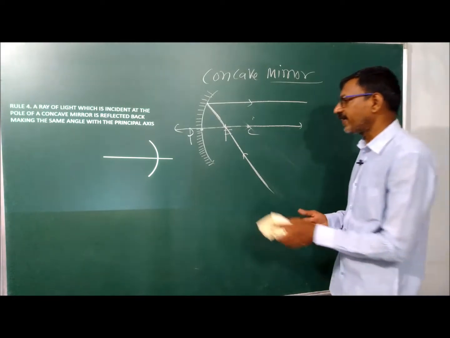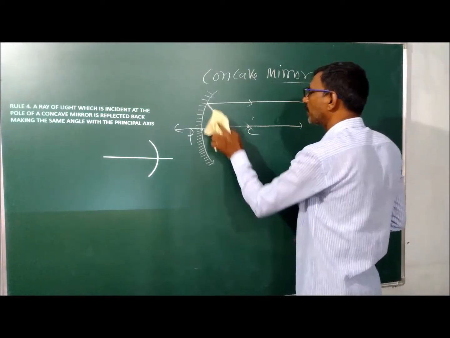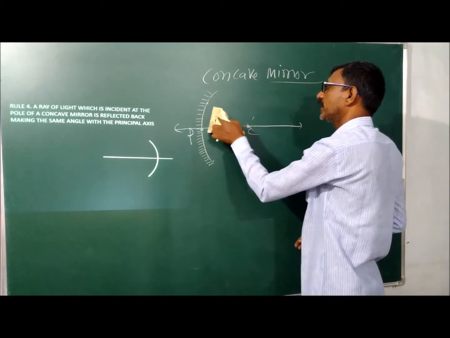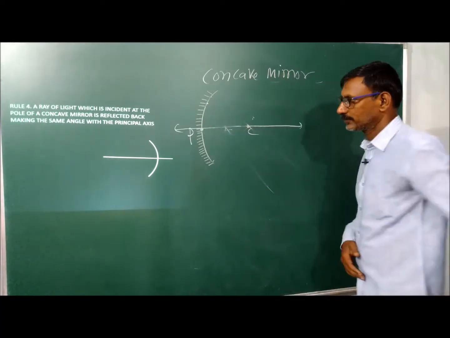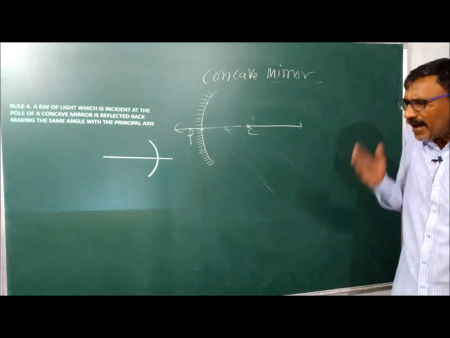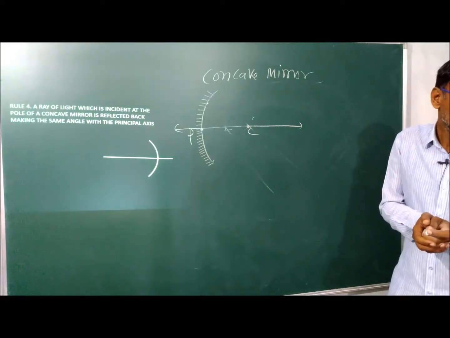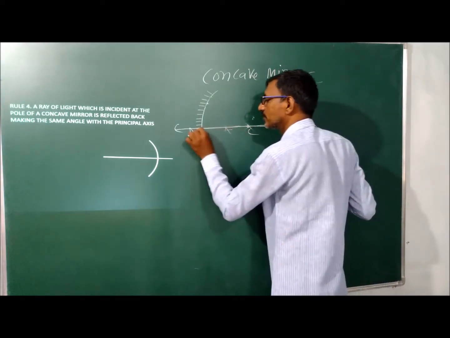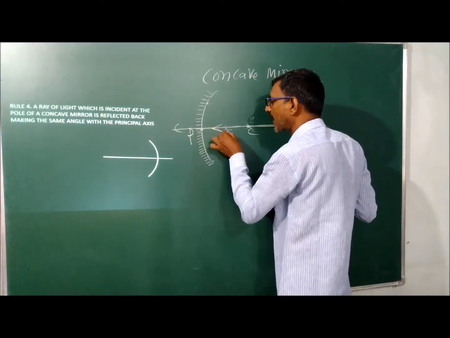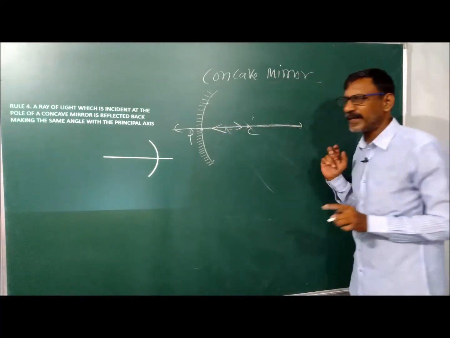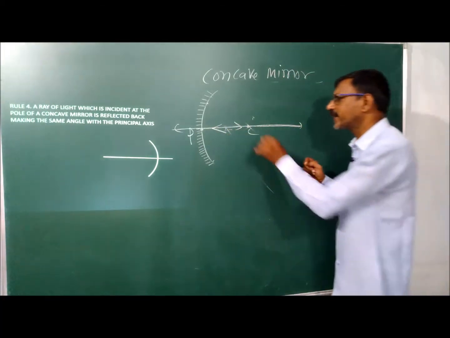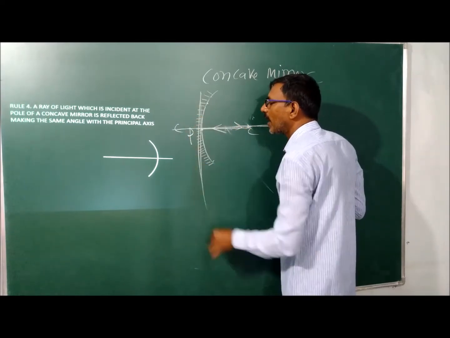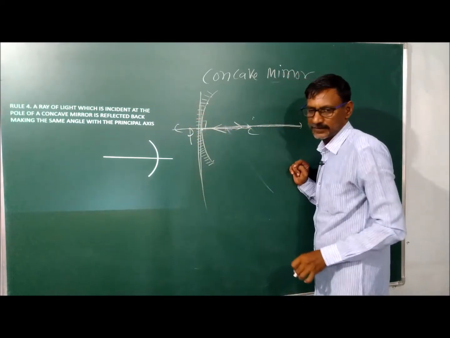The fourth one. This is also very, very important. These rules help to understand image formation in a concave mirror. Now, if a light ray travels along the principal axis in this direction, it bounces back to the same point, because it is the center of curvature. It is a normal, exactly 90 degrees.